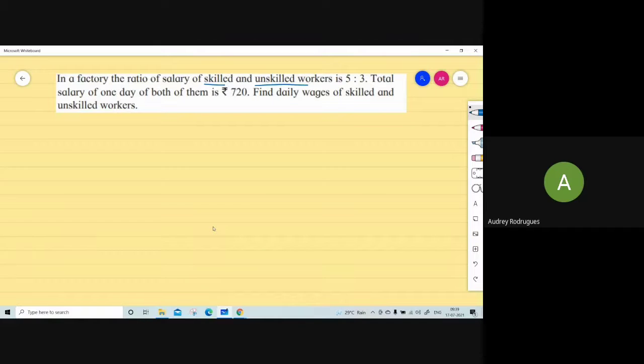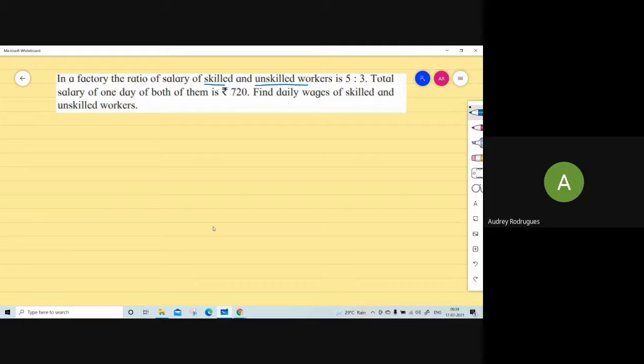Do you know what skilled workers mean and what unskilled workers mean? Skilled workers have experience. And what about unskilled workers? Not that much experience.